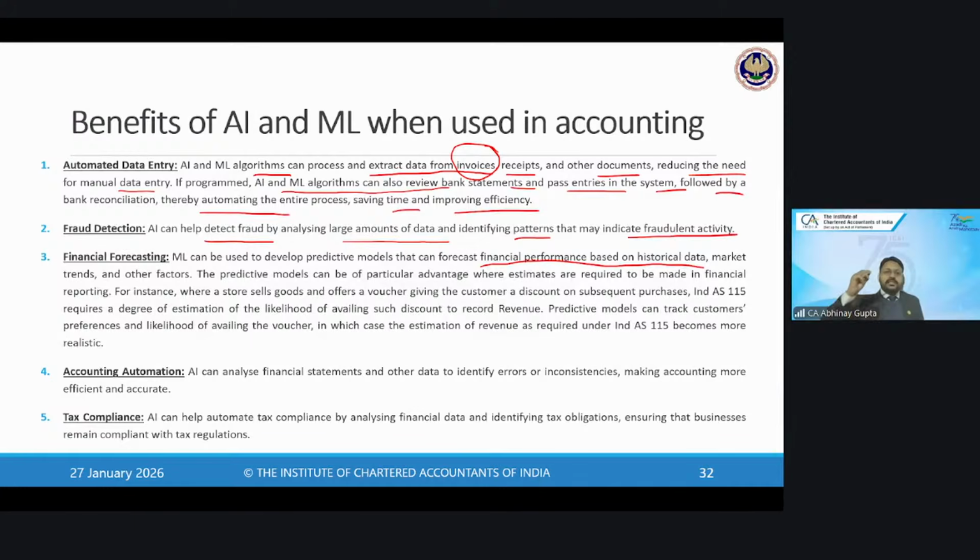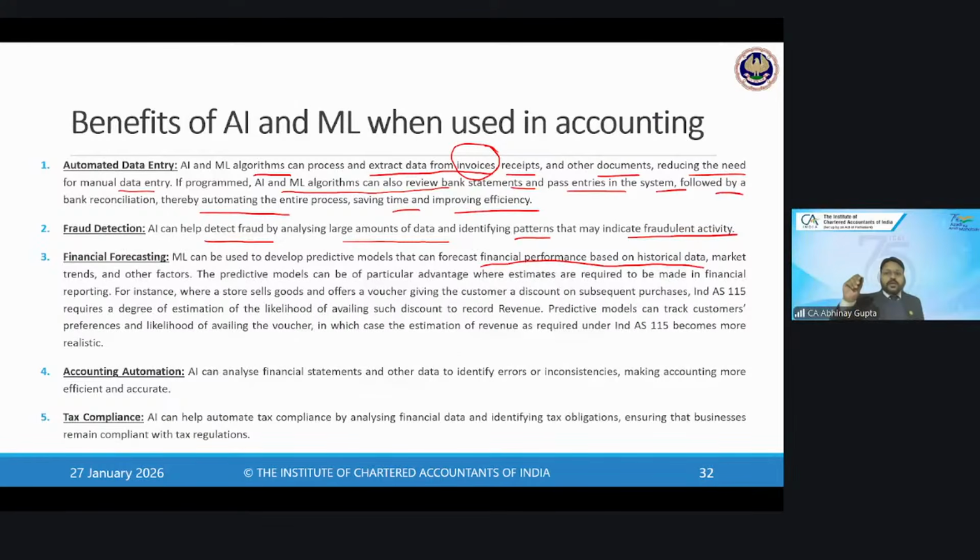So AI is observing the behavior of all your customers, and it can give you a predictive analysis of how many out of 1 lakh customers are expected to turn up and avail the discount voucher which you offered them at the time of the initial purchase, for the subsequent purchase.